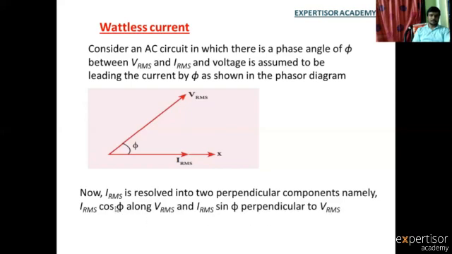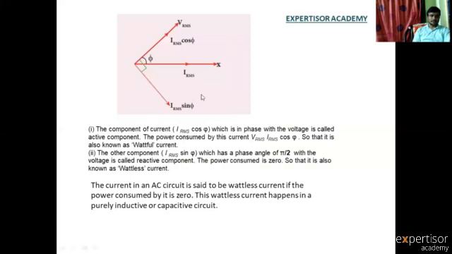So the root mean square current is converted into two parts: IRMS cos phi along VRMS, IRMS sin phi perpendicular to VRMS. So look at this phasor diagram. IRMS cos phi is along with VRMS. IRMS sin phi is perpendicular to the VRMS.